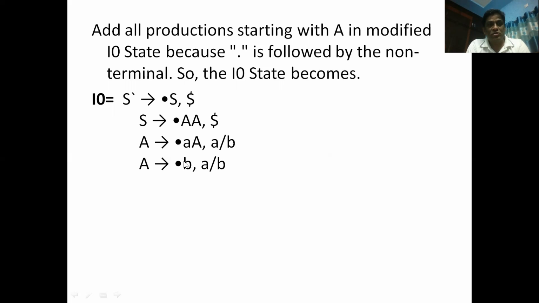Now these are the new productions generated, and if you look at the symbol after the dot, they are terminals. Therefore, no new productions will be added over here. So now I naught contains four productions: S dash implies dot S comma dollar, S implies dot AA comma dollar, A implies dot a A comma a or b, A implies dot b comma a or b.